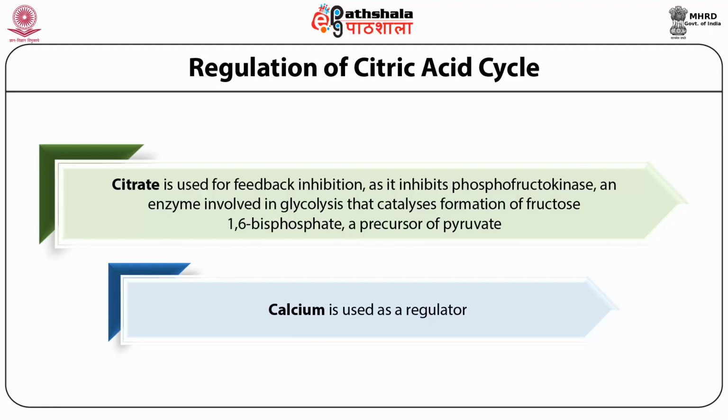Calcium also activates isocitrate dehydrogenase and alpha ketoglutarate dehydrogenase. This increases the reaction rate of many of the steps in the cycle and therefore increases flux throughout the pathways.